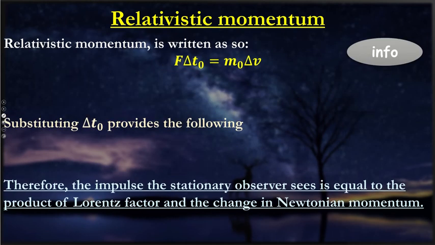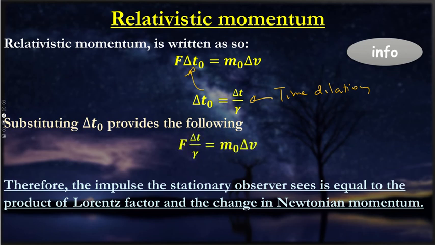So, if we want to look at momentum in terms of special relativity, we've already equated that time is proper time, mass is proper mass, and we also got to substitute the time dilation formula into our equation here. Okay, what we'll get is this new formula here. So this is what we get.